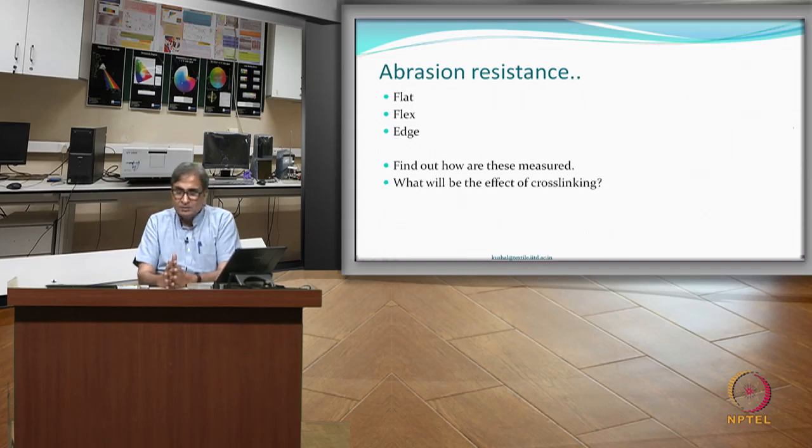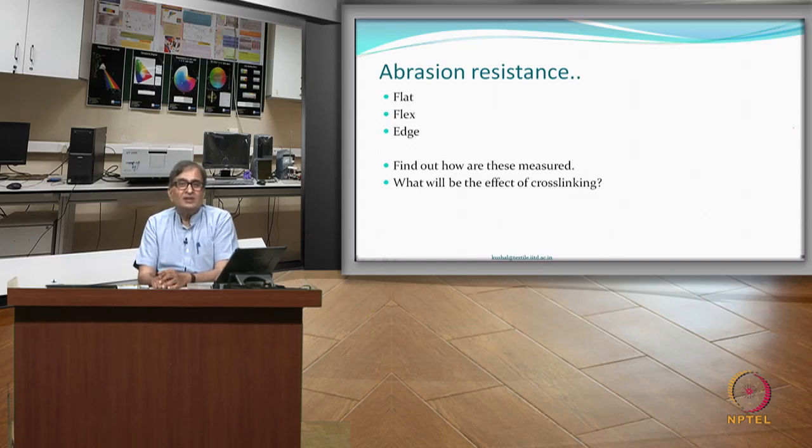What will happen to abrasion resistance after cross-linking? Will it increase because we have put in some cross-links, or will it reduce? If tensile strength has reduced, abrasion resistance will also reduce because degradation has taken place.